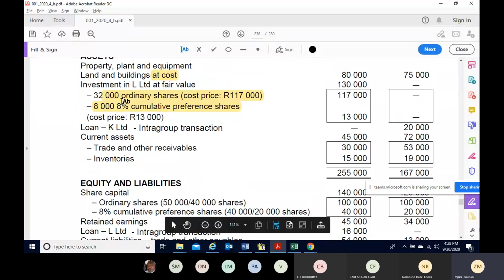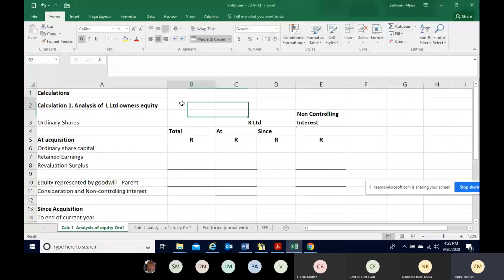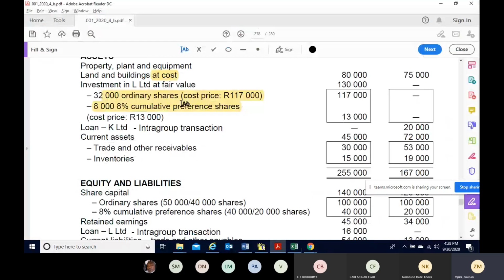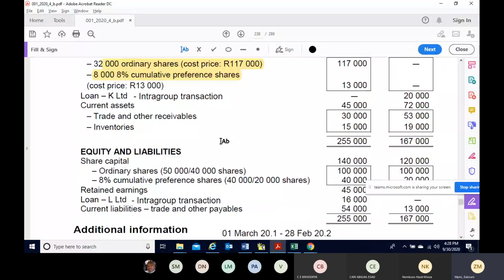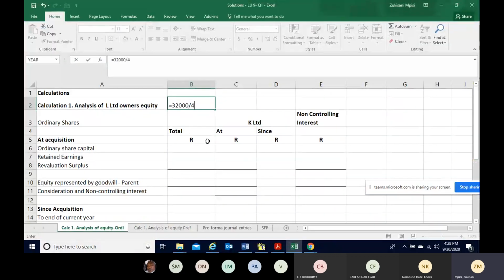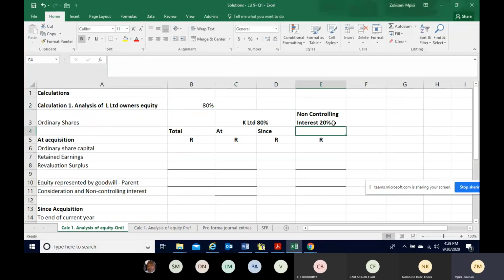One can quickly pick up that there are 32,000 shares that KLTD has in LLTD, and the total number of shares is 40,000. That gives you 80%. So KLTD has an 80% ownership, and the non-controlling interest has a 20% ownership.